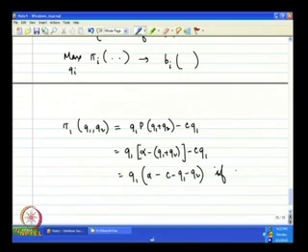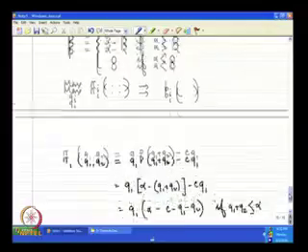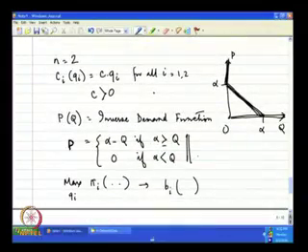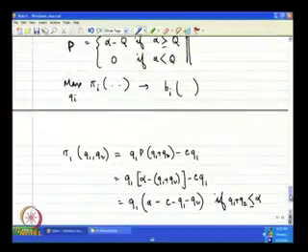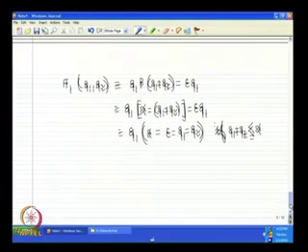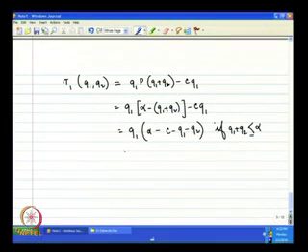So, here it means that Q1 plus Q2 is less than or equal to alpha, and if Q1 plus Q2 is greater than alpha, then the first part becomes 0, and then the second part is just minus CQ1 if Q1 plus Q2 is strictly greater than alpha.